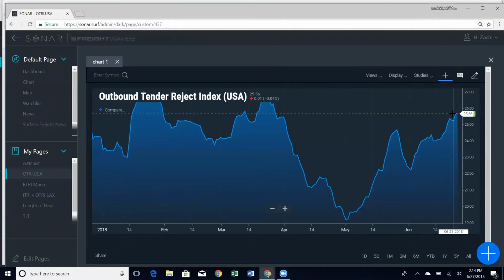And also, before we jump into a couple more OTRI, ITRI relation markets, we have one question here from one of our users that goes in line with what we're talking about, asking about tender waterfalls and how those are shown on SONAR and how they're accounted for.